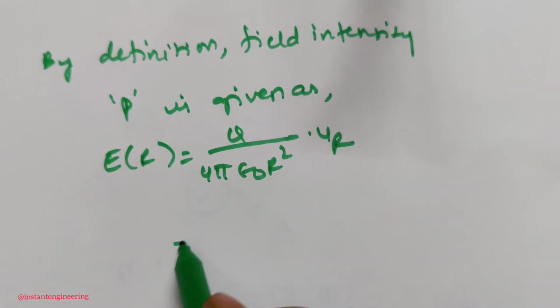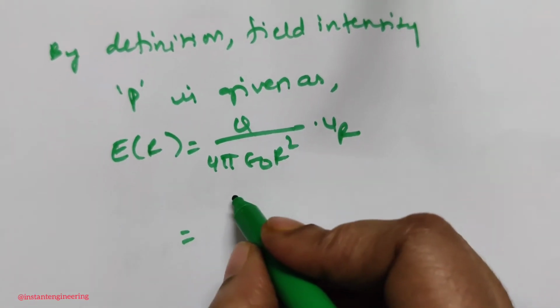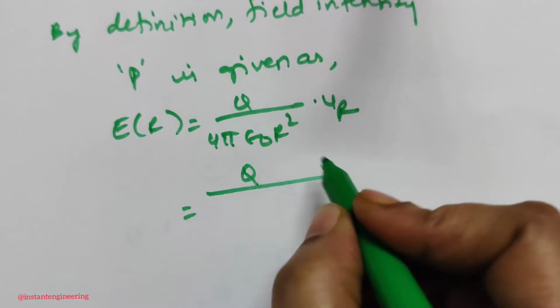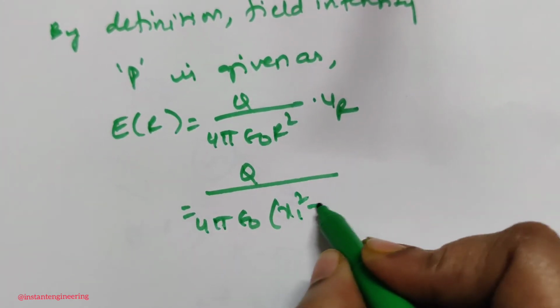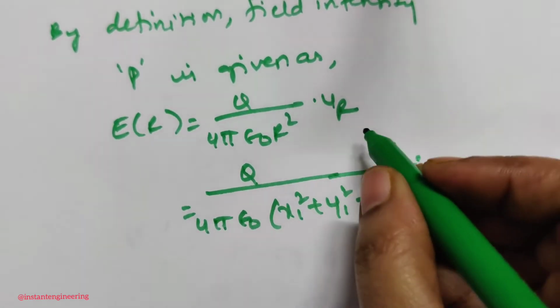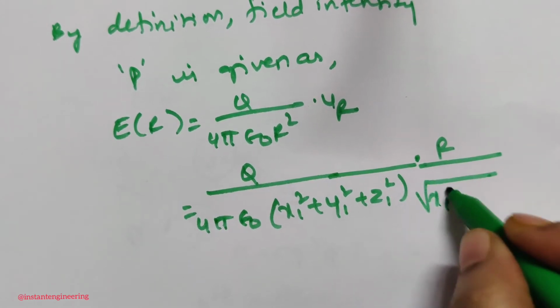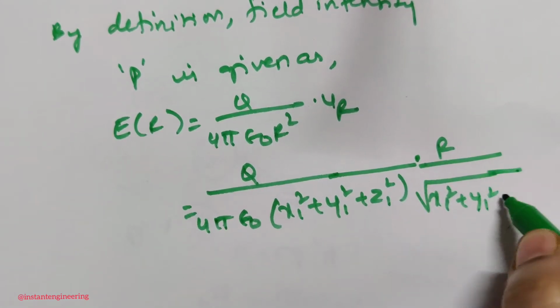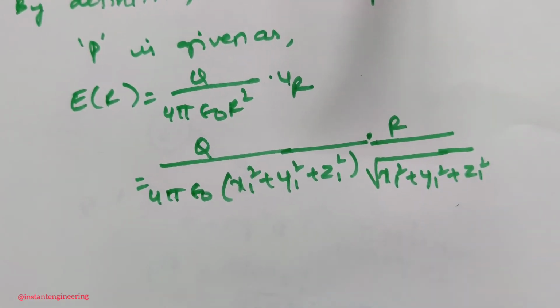Now we are substituting the R and UR values we got into this equation. So that becomes Q by 4 pi epsilon naught, R square is x1 square plus y1 square plus z1 square, into UR, which is R divided by root of x1 square plus y1 square plus z1 square. If you do these derivations along with me, it will be easy.